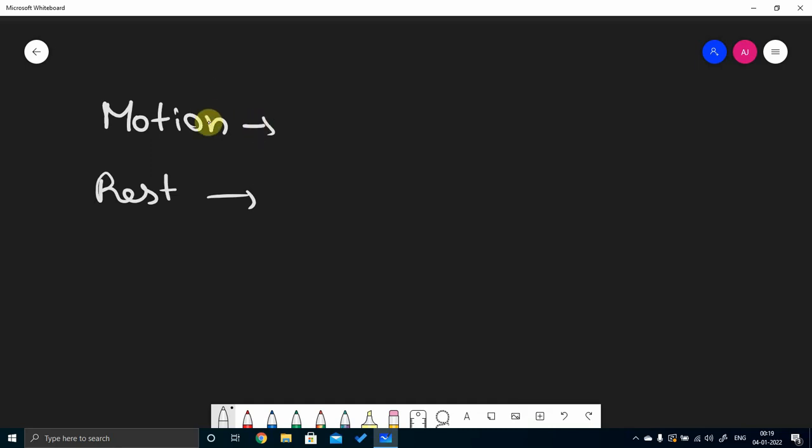So, what it really means is that a body, let's say this box A, can either be in motion or at rest, depending on the frame of reference. For example, you would better understand this with a car. So let's say we have a red car.